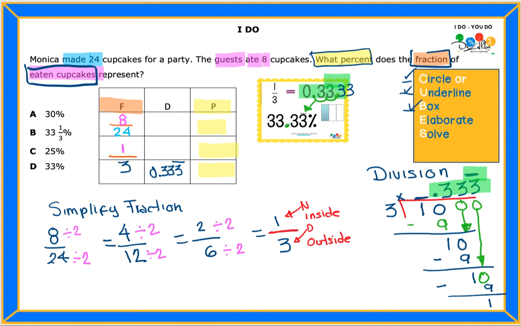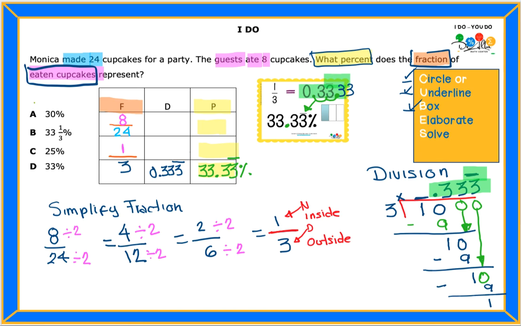How many zeros do we have in the 100? We have 2. Okay, those two place values is what we are increasing to go from decimal to percent. So this is the same representation. So right here I see that my answer is 33.33%, and it keeps going. And it goes like that.